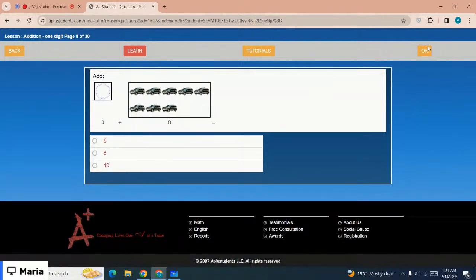Add 0 plus 8. We are doing addition because we are done with the lesson patterns, right? We have to move on to the next one. We have already covered these lessons 2 or 3 times. Now this time I'm just reviewing all the lessons.